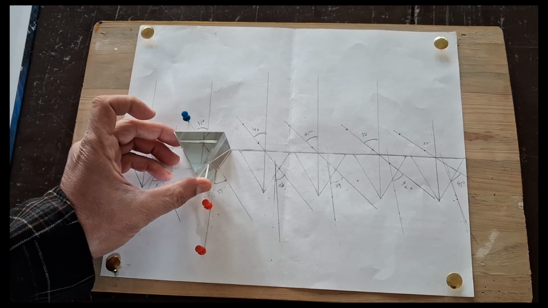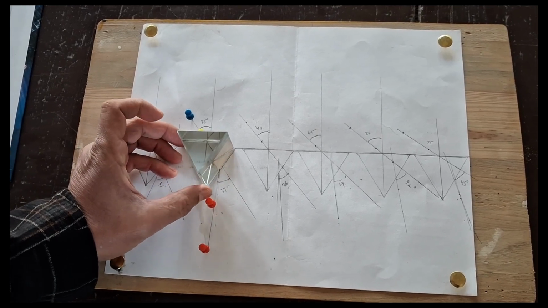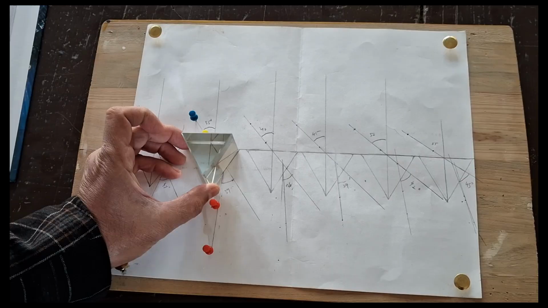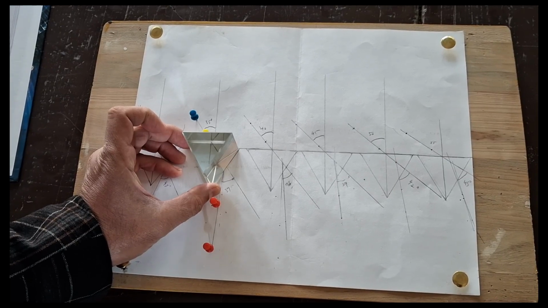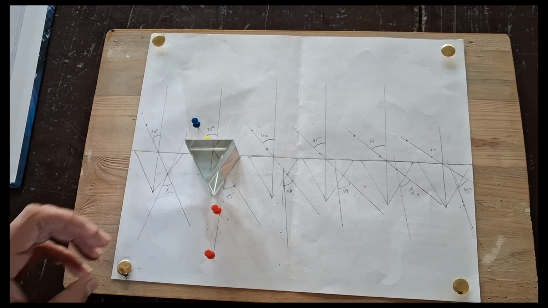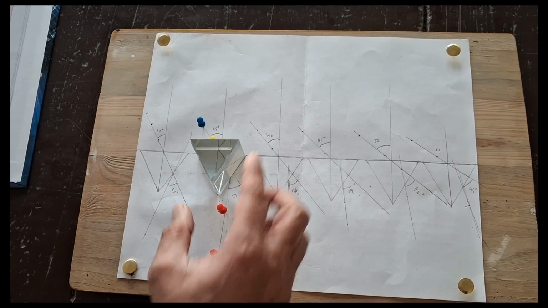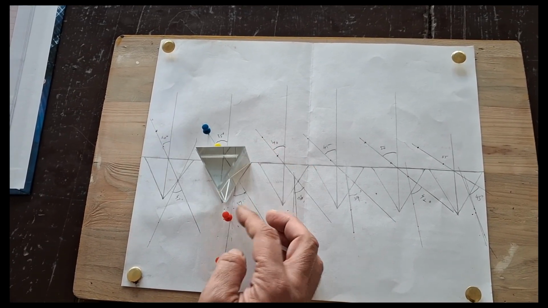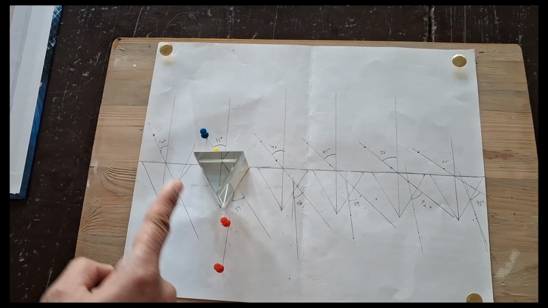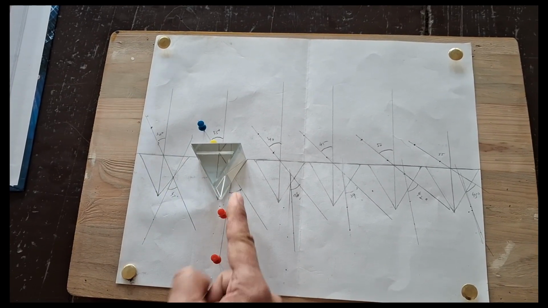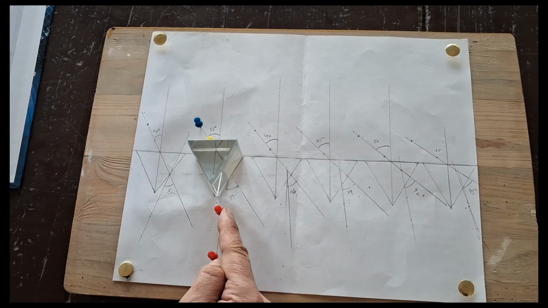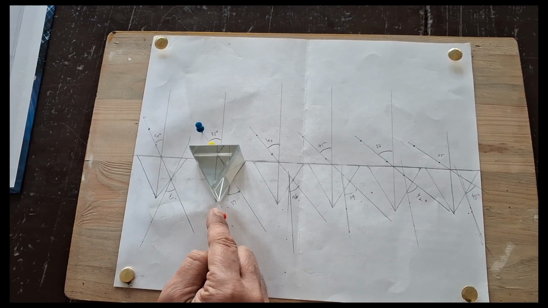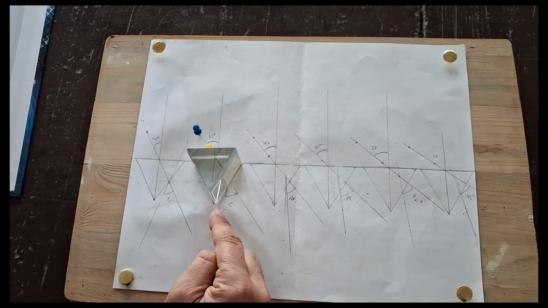After inserting these pins, you have to put the prism properly exactly on the boundary, right? Then you have to insert the pins on this side, while observing those two pins through this face, in such a way that you first insert this pin so that the three are in the same line.